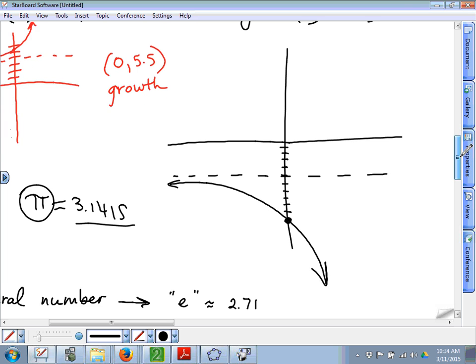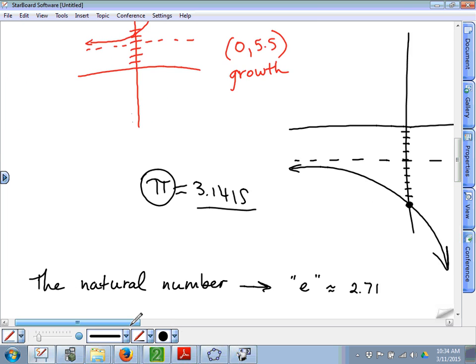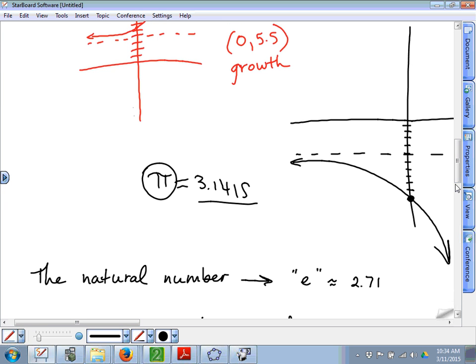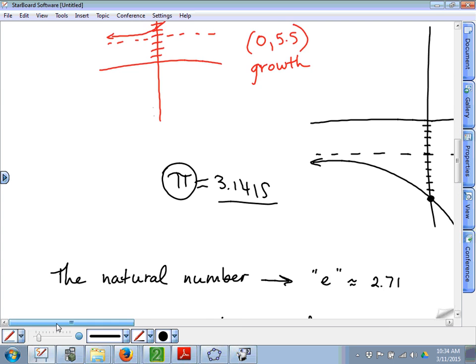One of them is called the natural number. Okay. This is our next topic. We only have 6 minutes, so you guys got to write quick. There is a number in mathematics called the natural number. And they've chosen to give it the symbol E. So now E is a number, it's not a letter anymore.